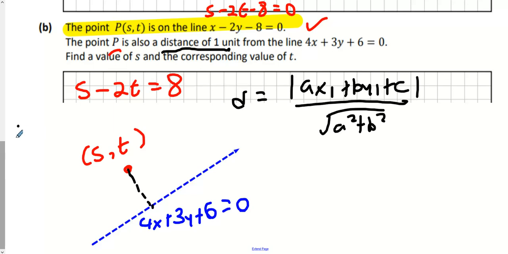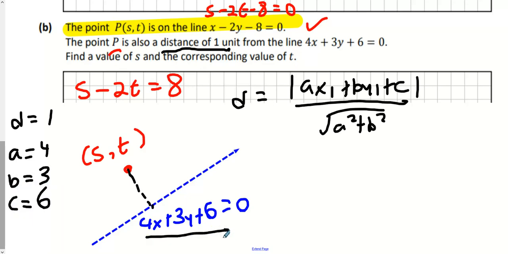Now we have a list. We have d value is 1. A value is 4. B value is 3. C value is 6. Get all of them from the line. My x1 value is s, and my y1 value is t.